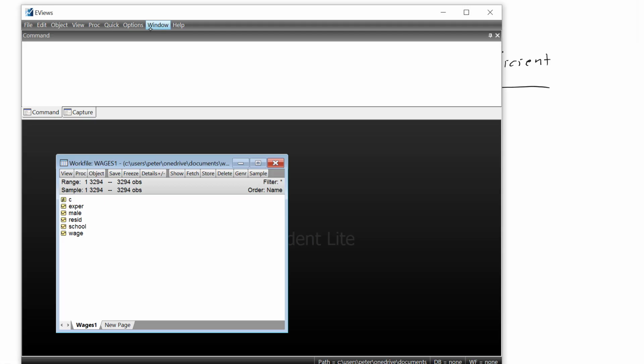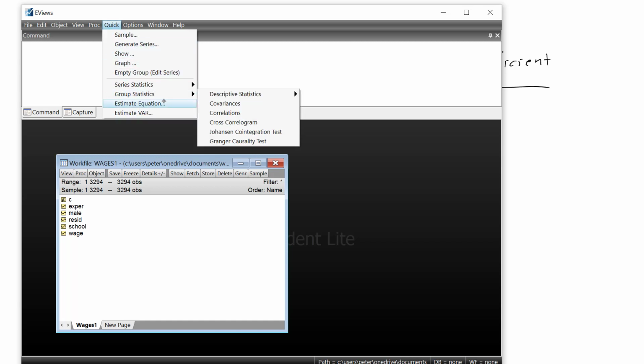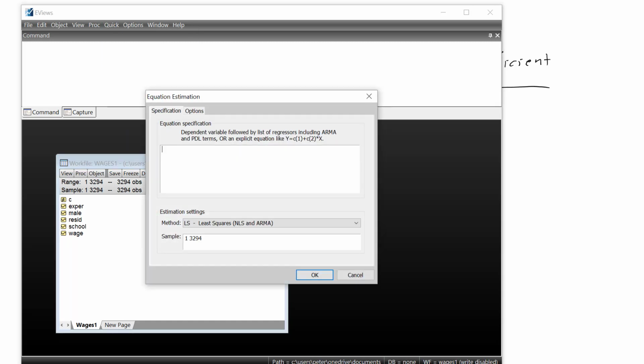So if I run this regression, if I want to do weighted least squares in eViews, I'll just do wage divided by school, intercept, 1 over school, and experience over school.